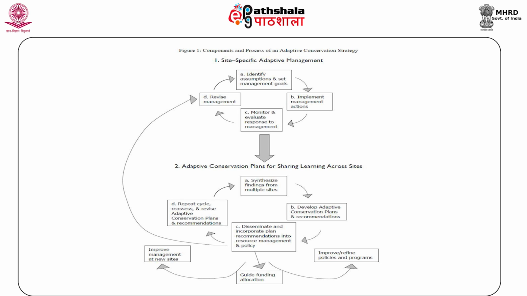The most fundamental point is that both conservation scientists and natural resource managers serve the same mission, that is facilitating and advancing successful, cost-effective conservation of the world's precious natural heritage. An adaptive conservation strategy provides a win-win approach for achieving this mission.